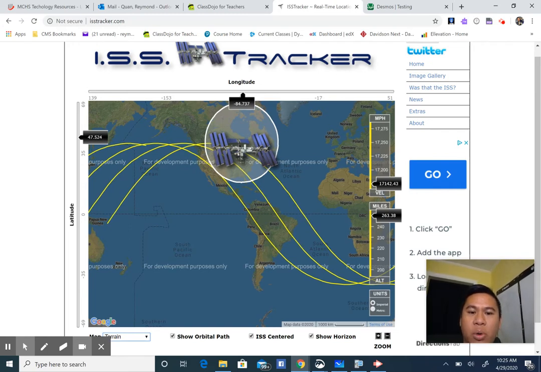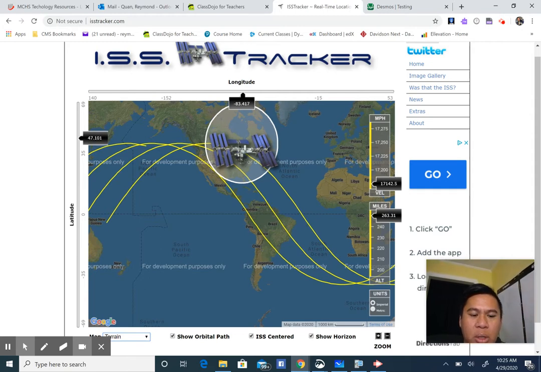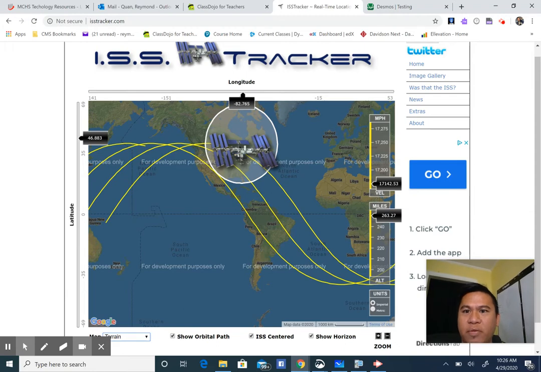Most probably it will be going to New York at this particular time. So you can check the orbital path in here, the horizon as well, and everything else that you can see. So this is one of the applications of what we call our sinusoidal function.